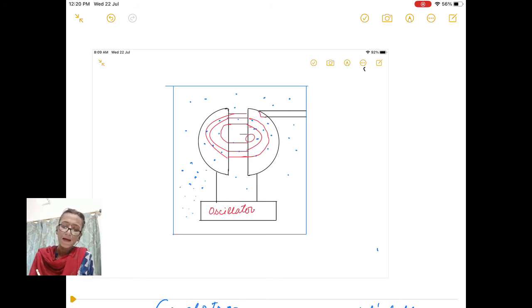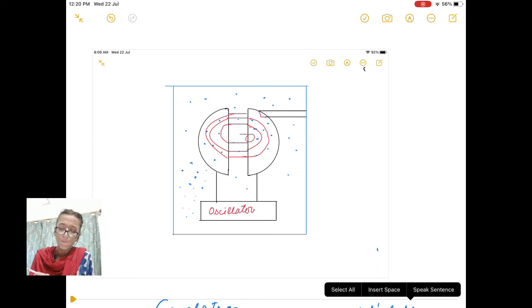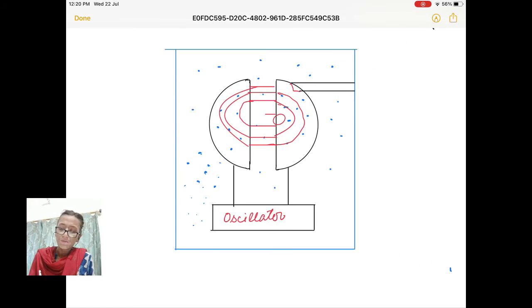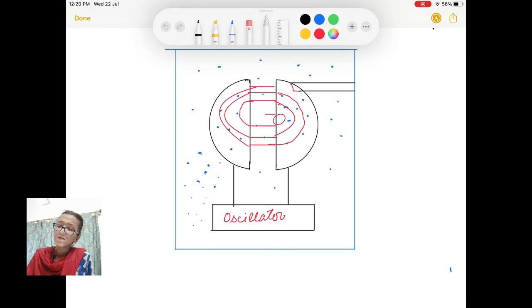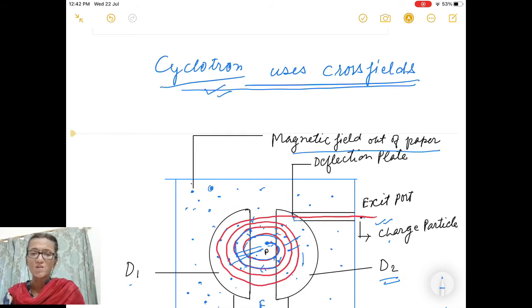You have a magnetic field coming out of the plane of the surface, and there are two Ds, D-shaped containers. So we learned cross fields, and cross fields are used in so many devices.